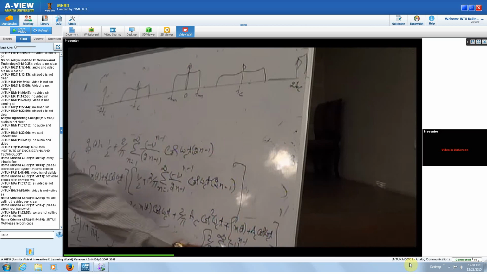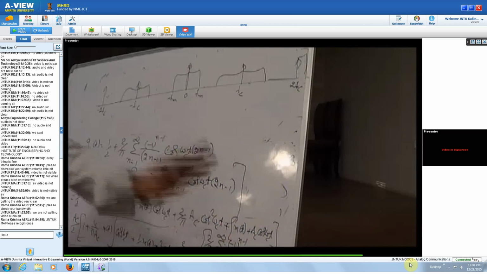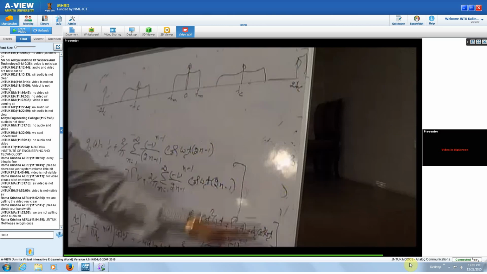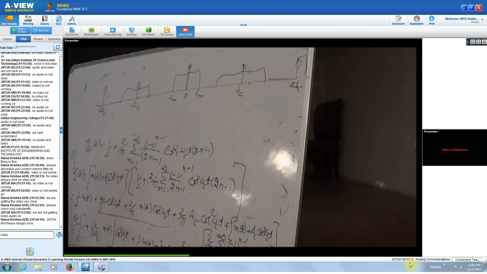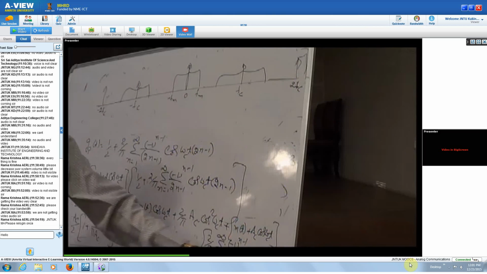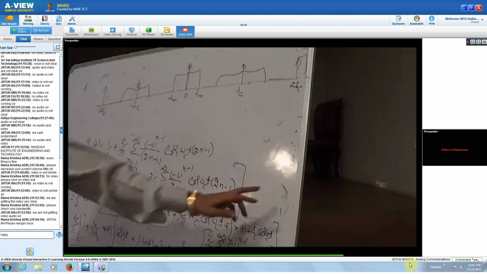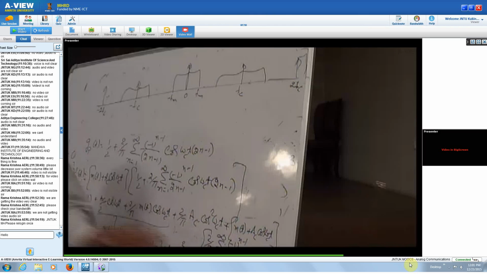And because of this, we are going to have cos 3 omega ct, 5 omega ct, and so on. And with the product also, when you have this cos omega ct, 3 omega ct, and cos omega ct product, 3 minus 1 gives you 2 omega ct. So all of the frequency components, 2 omega c, 3 omega c, 4 omega c, 5 omega c, and all the higher harmonics are going to be available here.